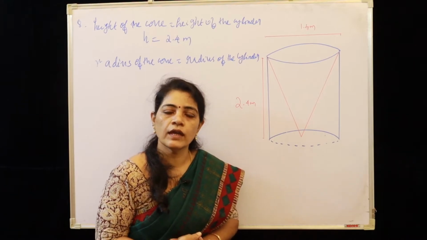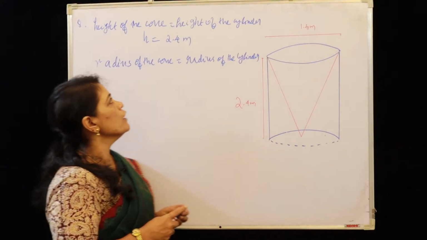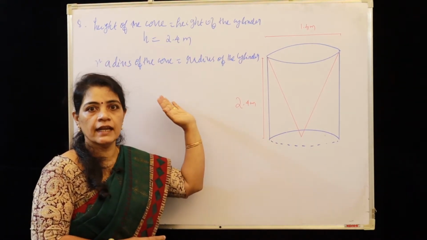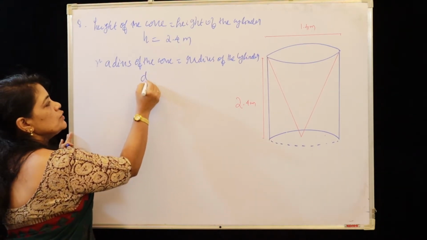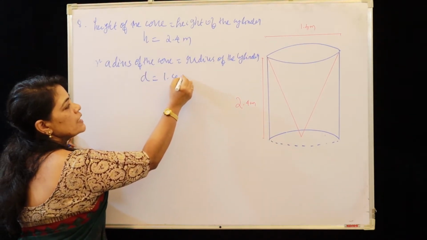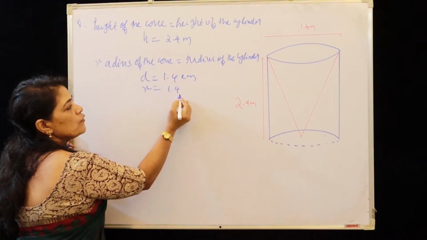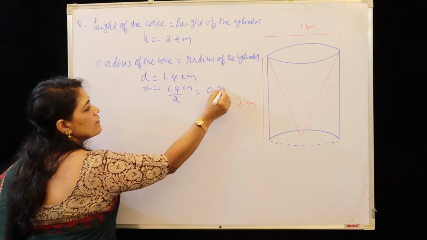2 pi RH is the CSA of the cylinder, plus the area of the base, plus the CSA of the cone. And we are given the diameter of the cone, which is the same as the diameter of the cylinder, so the radius is also the same. If D is equal to 1.4 centimeters, then R is equal to 1.4 centimeter divided by 2, that is 0.7 centimeter.